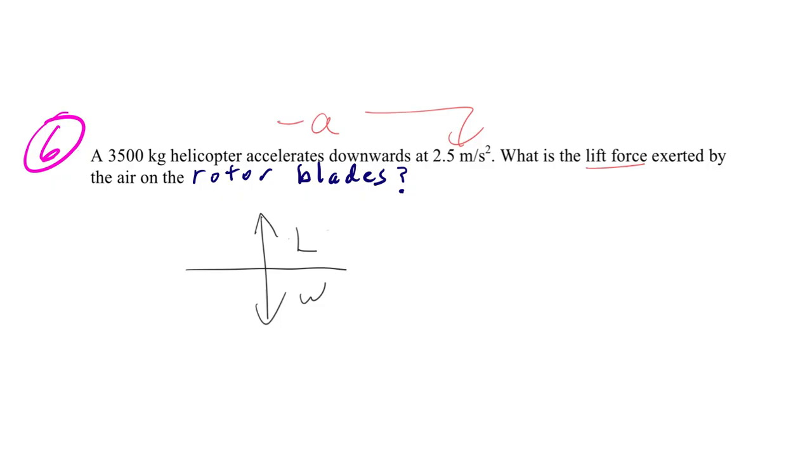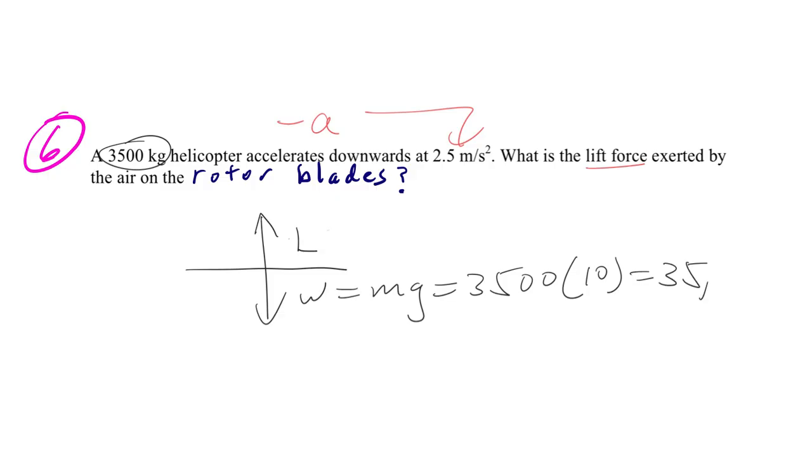Okay, they do not equal. If they did, it'd be moving at constant speed. So weight equals mg. Mass is 3,500. G is 10. So we're looking at a big number, 35,000 newtons. So which one's bigger, the lift force or the weight?